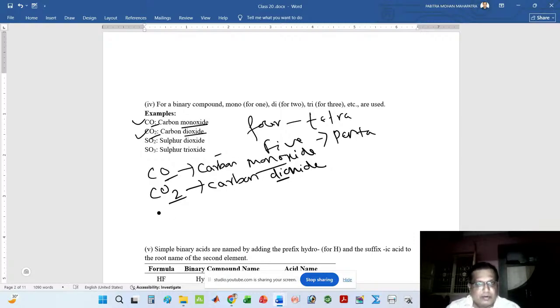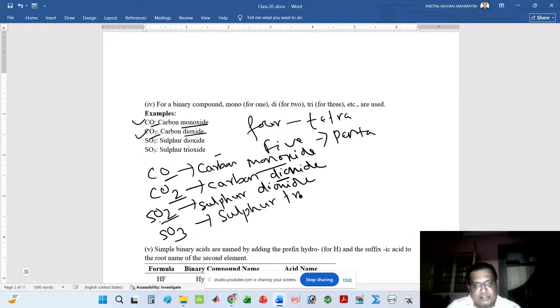Like that, you can think about SO2 and SO3. Here two oxygen atoms are present, so you can say sulfur dioxide. Next, for SO3, you can use sulfur trioxide. Like that, you can also think about NO2 and NO3. Two oxygen atoms, so di is used.